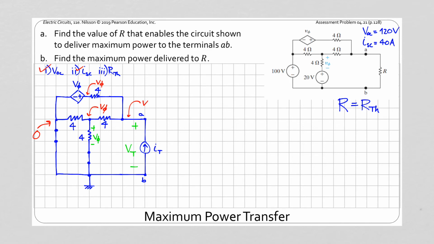And what I have in this case is my test current coming in, and I'm going to have some current flowing, let's say, this way, and this way, and this way, and that way. And so I'm going to, again, have to do some KCL equations to try to find out what V phi is in this case, and to relate that to my test voltage and my test current.